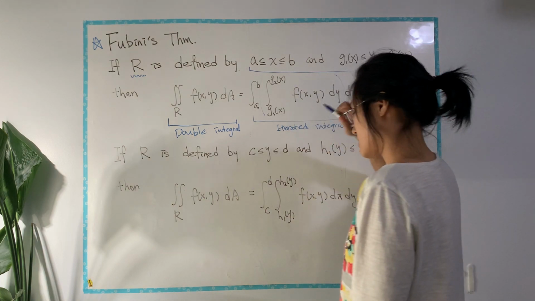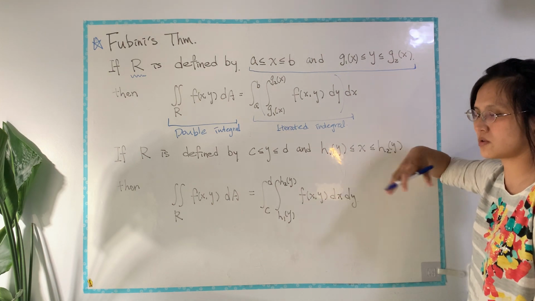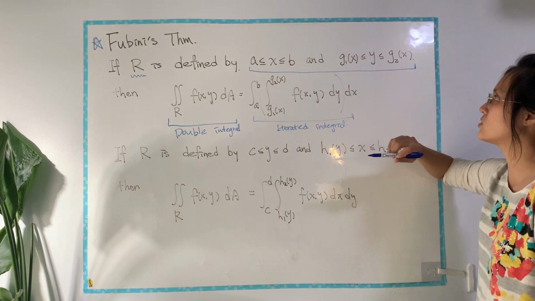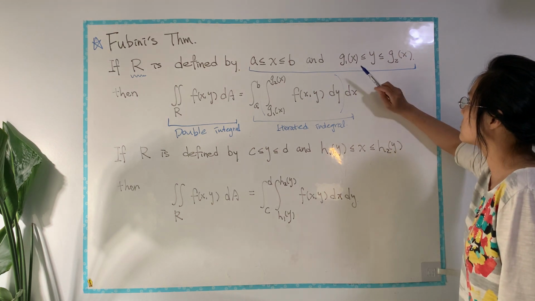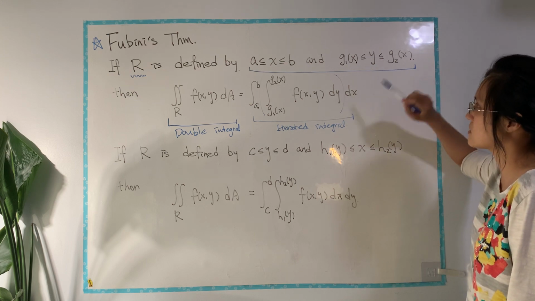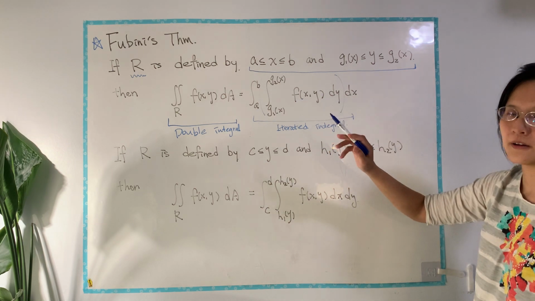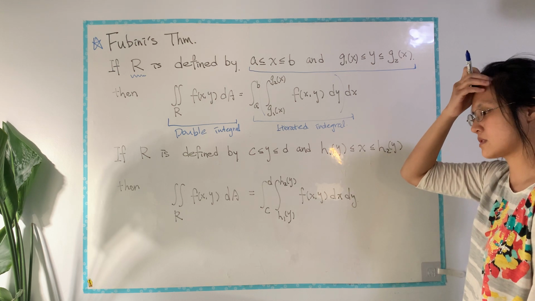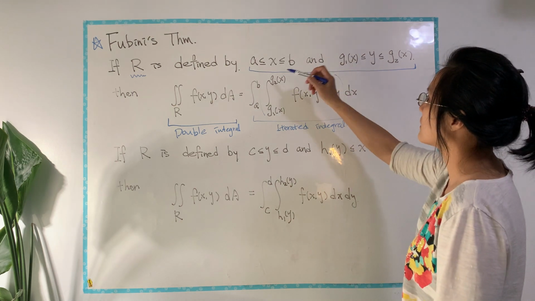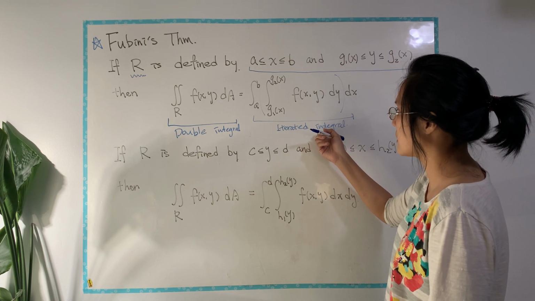In iterated integrals, when we're trying to find the area of a region, we know how to use graphs or equations or functions to see a region R. Basically it's about formulation. If you know the region R can be described by inequalities of x and y, then you will know how to set up the iterated integral accordingly.